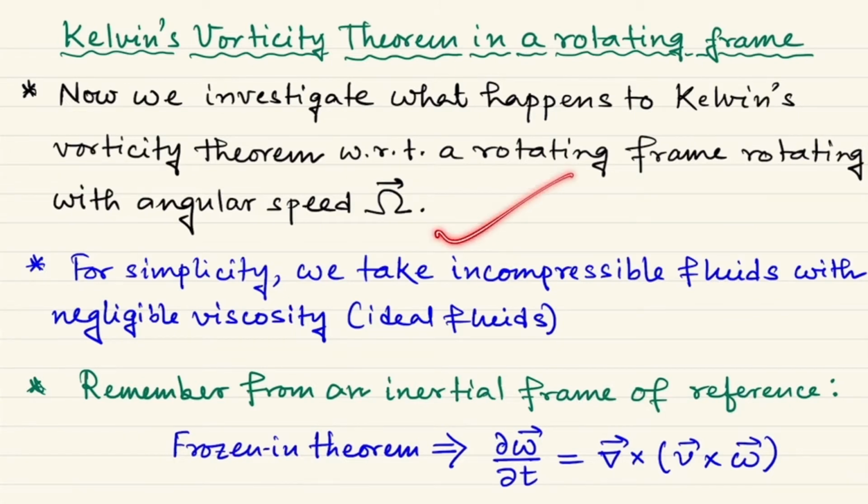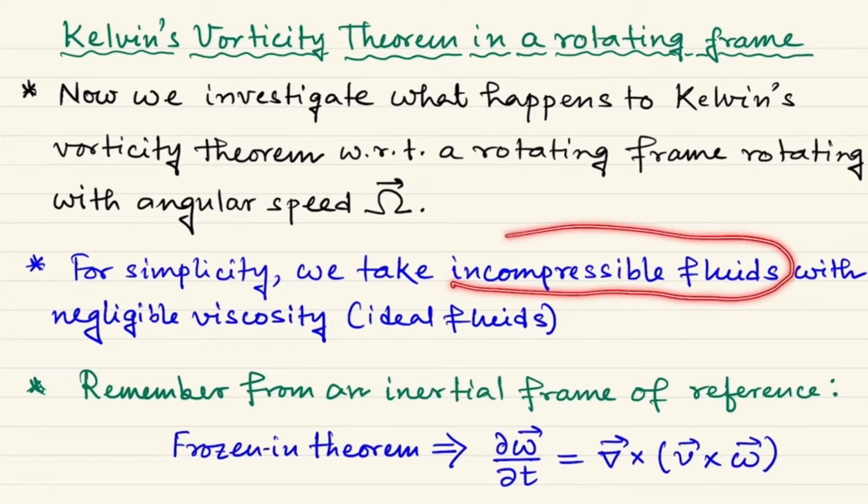For the whole treatment, we will constrain ourselves to the case of incompressible fluids with negligible viscosity. That means incompressible and ideal fluids. Now, maybe an incompressible fluid is not a very reasonable assumption for galactic or interstellar medium, but at least for oceanic and atmospheric fluids, incompressibility is certainly a good approximation.